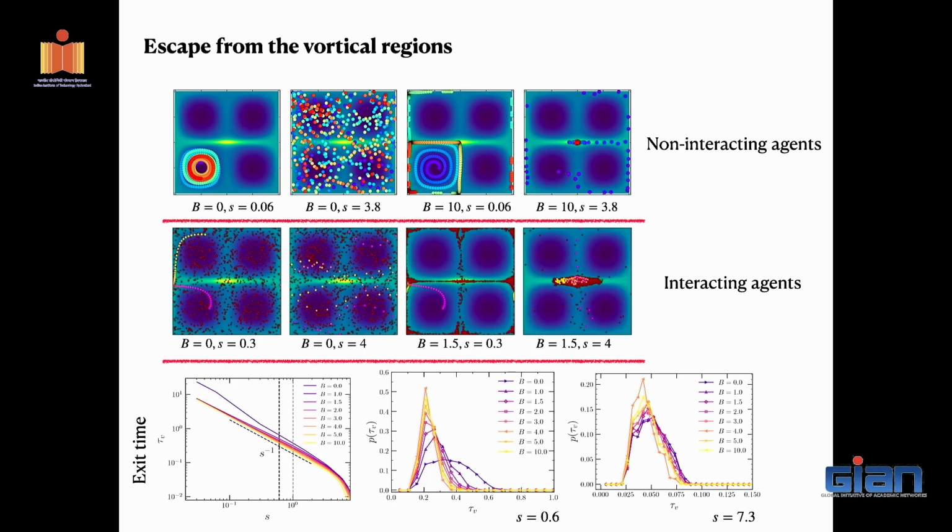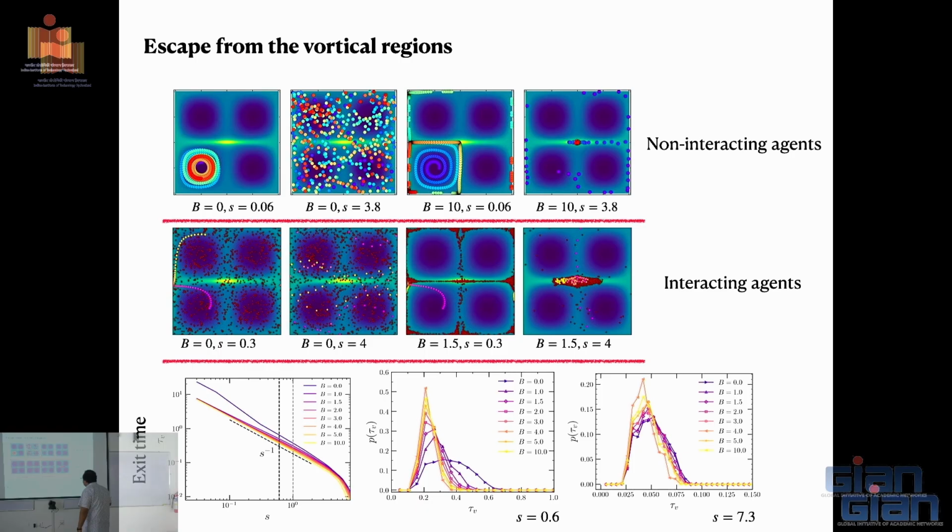So what happens? This bacterium comes out of the vortical region, goes into the strain dominated region at, let's say, small swimming number, and moves around in the strain dominated region. This also shows you the time. So it comes out, then it moves around. At the same time, I have shown the location of all other bacteria simply in red.